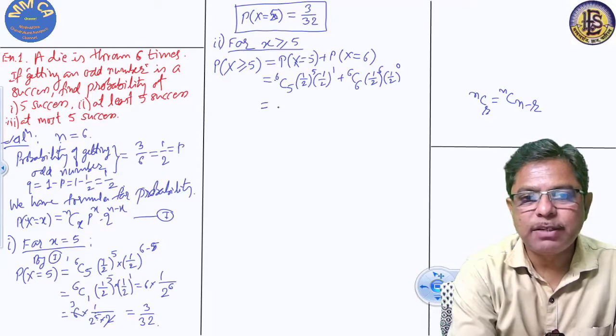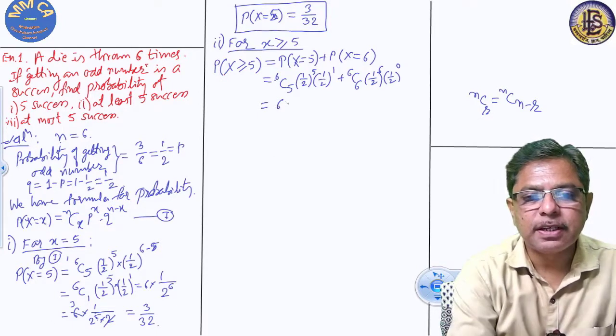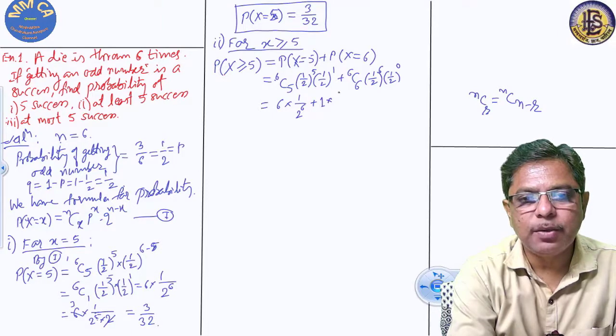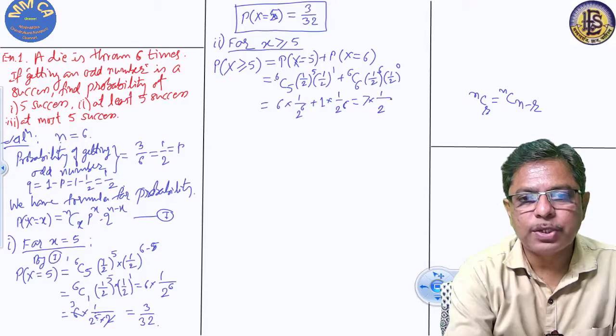So 6C5, just we have calculated this. It is 6 into 1/2 raised to 6 plus 6C6 is 1 into 1/2 raised to 6. And now 6 plus 1, 7 into 1/2 raised to 6.